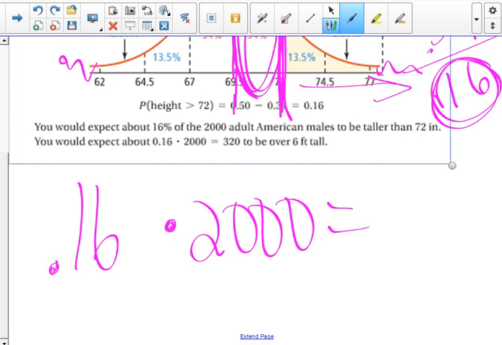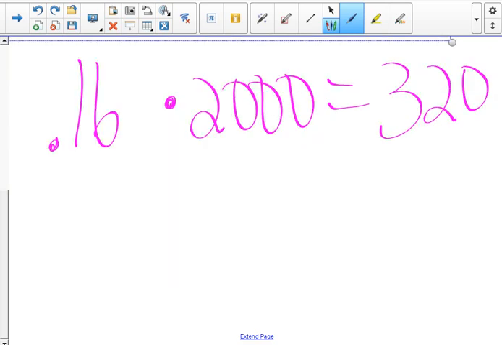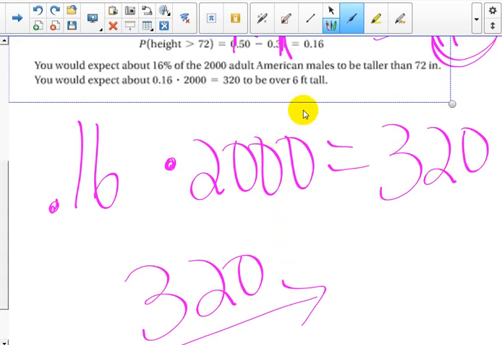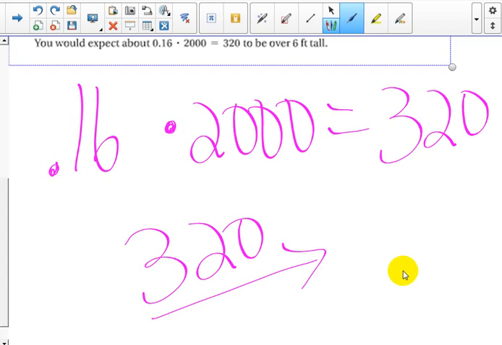So when you multiply that, you're going to get 320. So 320 out of the 2,000 count, we're going to have 320 of those over 6 feet tall, over 72 inches. Okay?